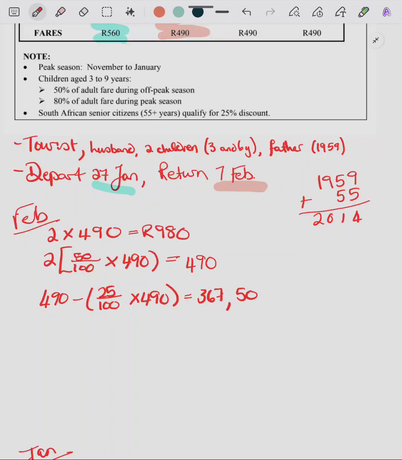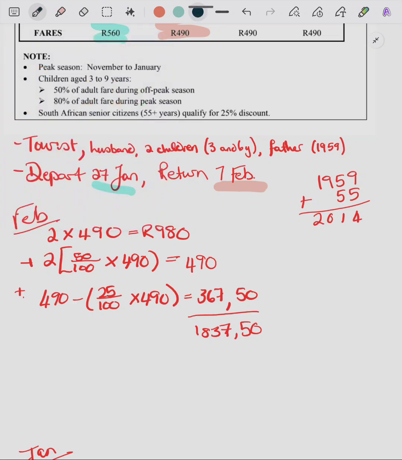I can add all of those three together, and that gives me, for February, the return part of the trip, 1837.50. So now I've got my February amount and my January amount, and I'm just going to add them together.